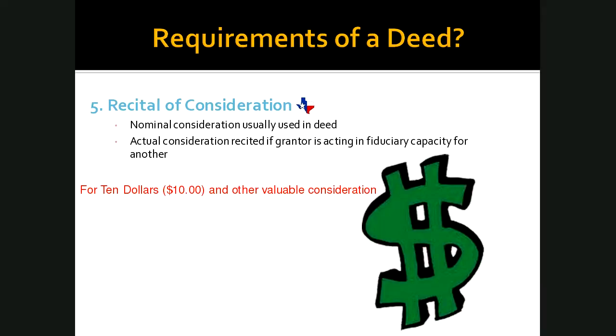It's what you find in most deeds, unless it's some sort of special circumstance where there's a fiduciary capacity or something like that, where it might actually have the purchase price. Some states actually require the purchase price to be in deeds, but most of the time you're going to find this for $10 and other valuable consideration. That just means there's something of value that's been exchanged as between buyer and seller for the deed.